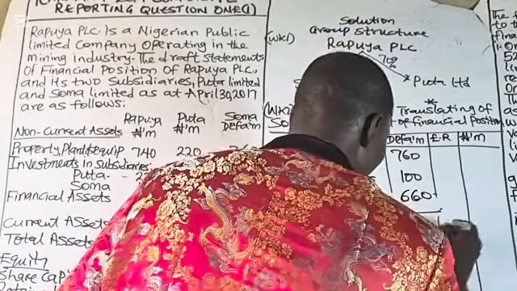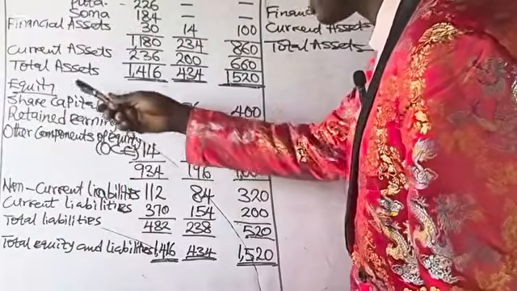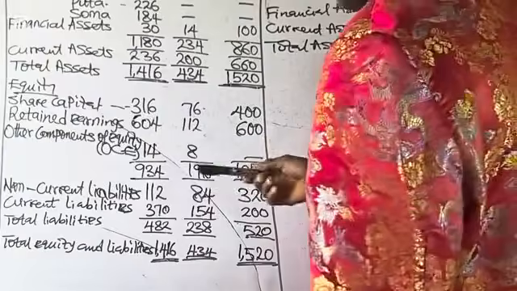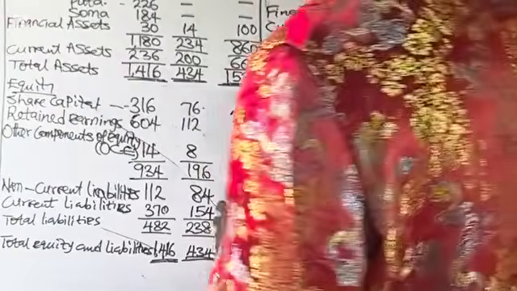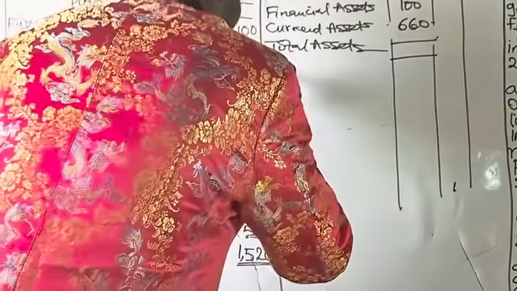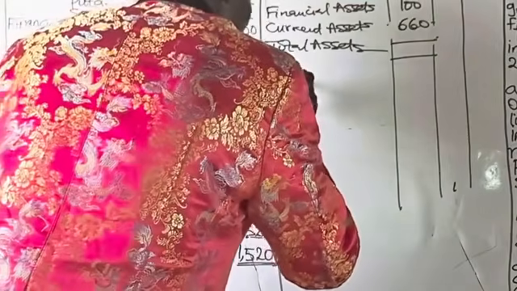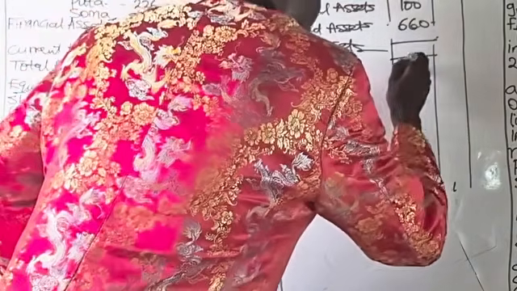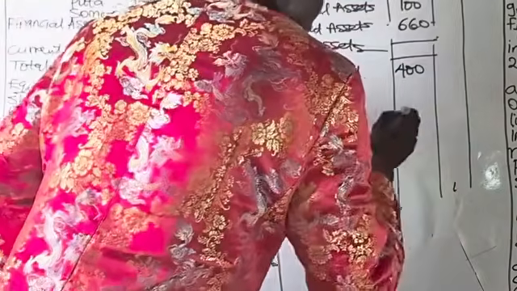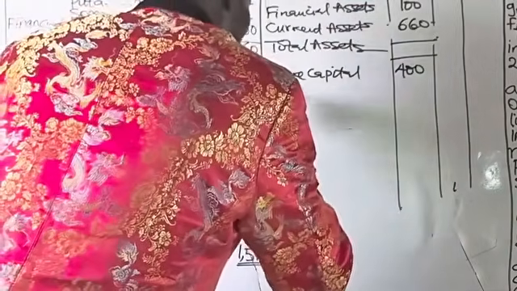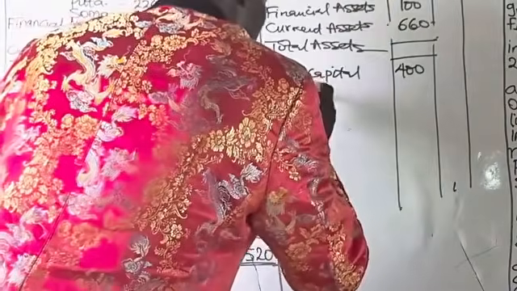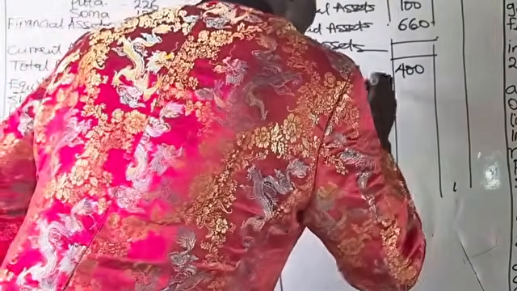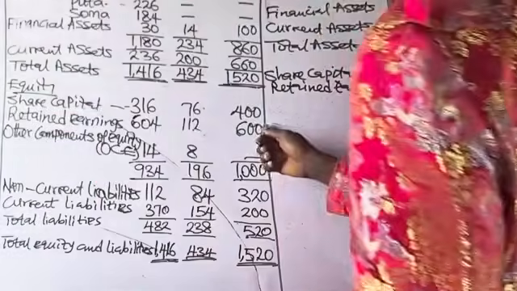Then after this, you have total assets. After total assets, we have share capital, 400, and retained earnings. So we have share capital, 400. We have retained earnings. The retained earnings amounted to 600.